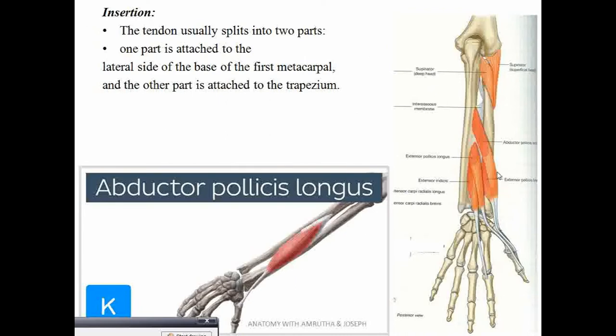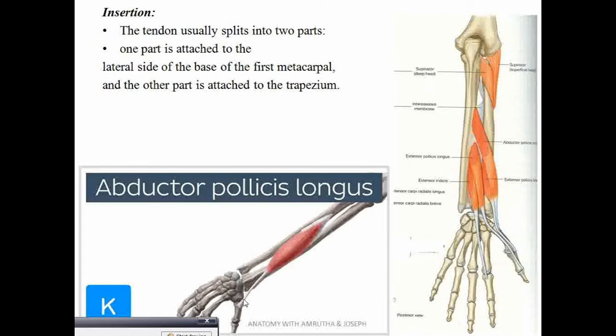Insertion: the tendon usually splits into two parts, but in this diagram it is not there, but usually they split and they are inserted to the lateral side of base of first metacarpal. So inserted to the base of first metacarpal, abductor pollicis longus.